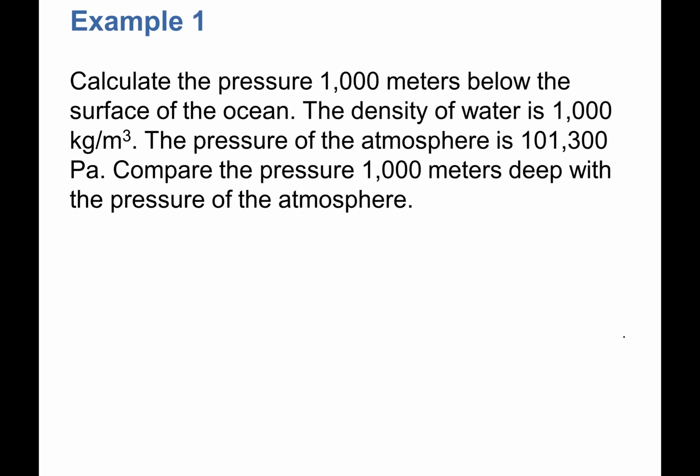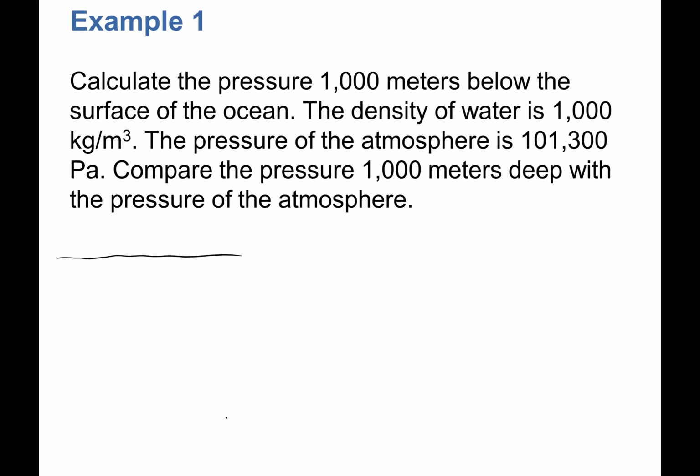We're going to calculate the pressure at 1,000 meters below the ocean, and then compare that pressure to the atmospheric pressure, to see how many times stronger it is. It's simple enough: let's say this is your ocean, and this is the depth. We don't even know what it is yet.